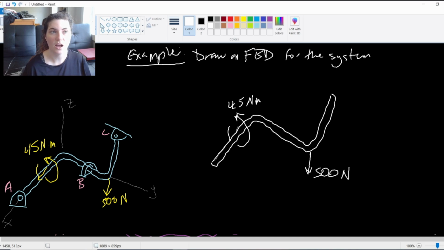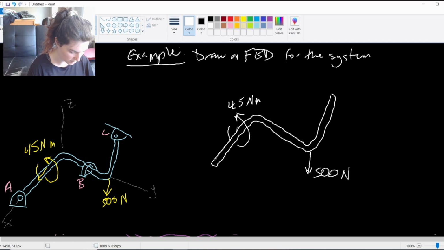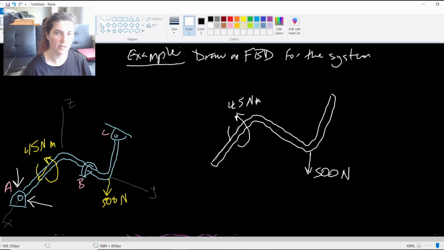So at A, I don't have a support reaction acting in the x direction, because it's on the x-axis, right? It's oriented so that the pin going through it is going through the x-axis. So I have supports in the y and z directions. So these are my support reactions for a 3D pin.